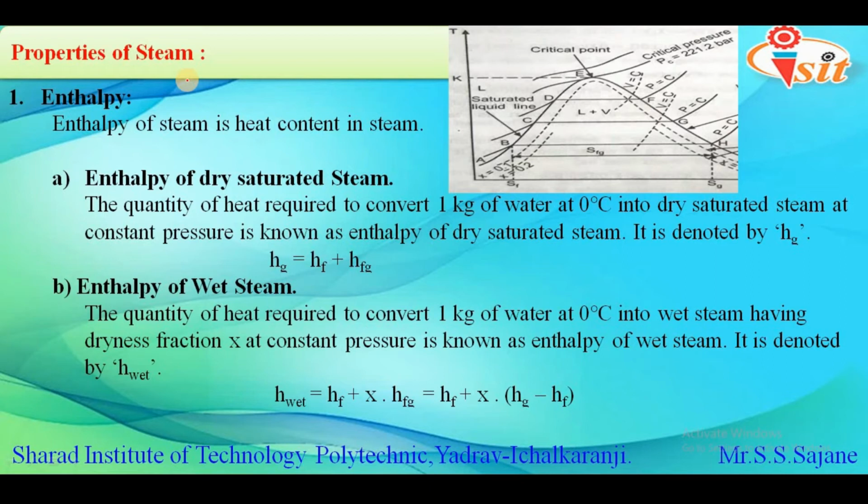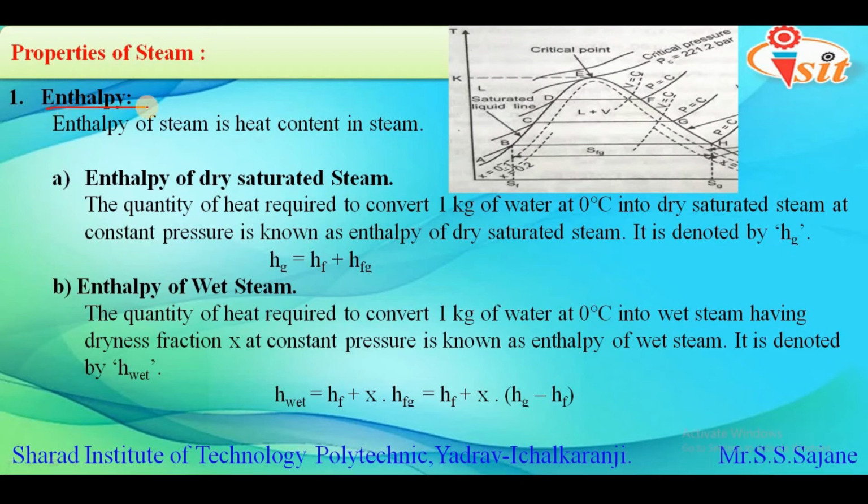So as we have already studied what are the various conditions of steam, accordingly we will also see all these three properties for all the types of steam. So first we will start with the first property, that is enthalpy.